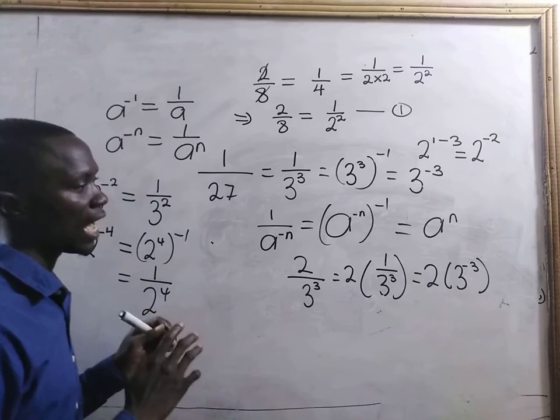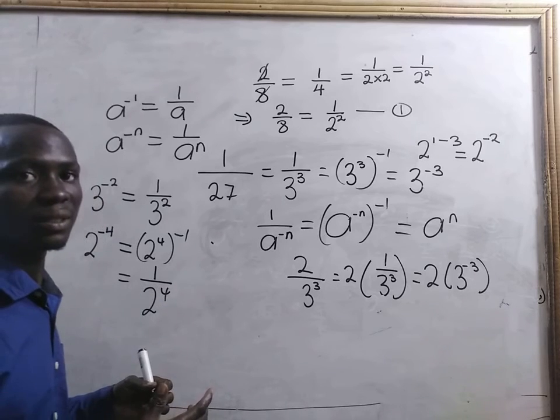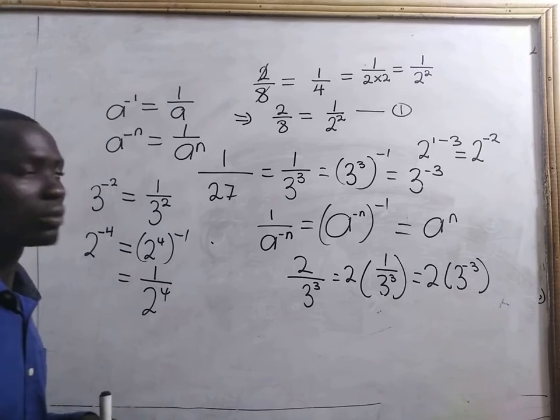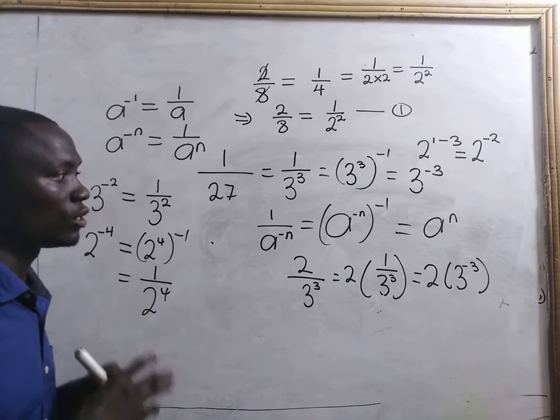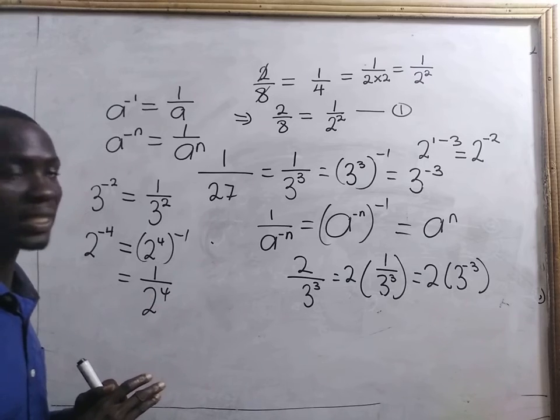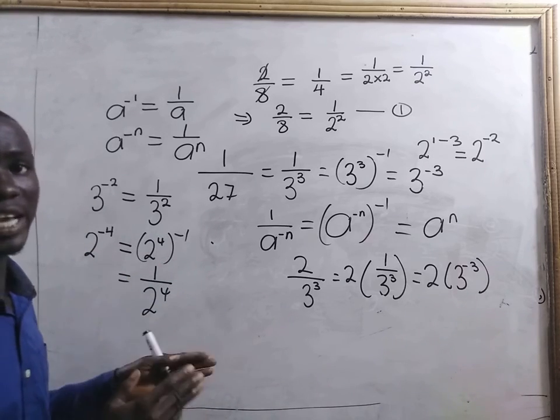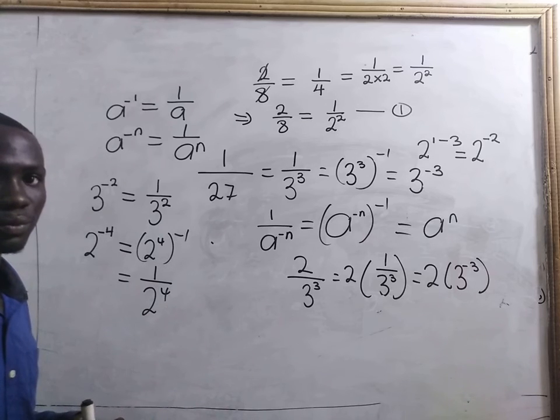So check how we apply it where it is applicable. Check all those stuff and then you see how it goes. And this is the negative exponent rule.